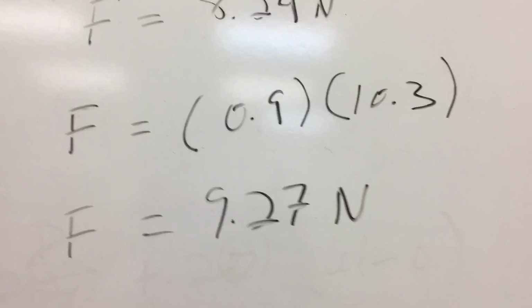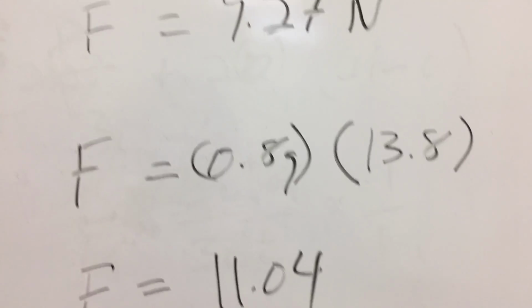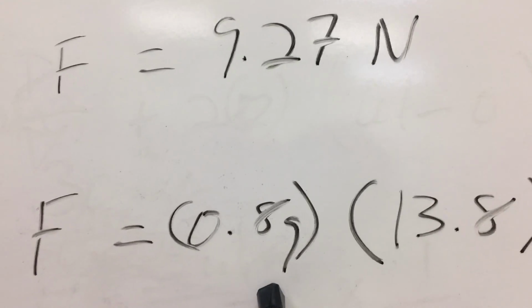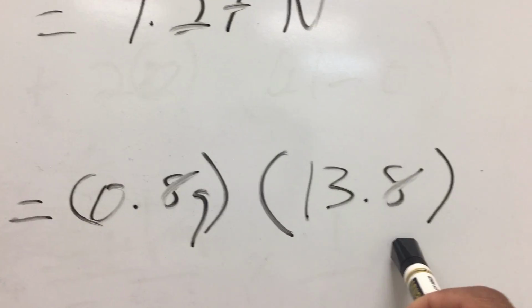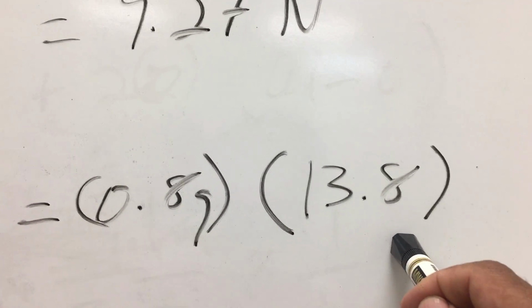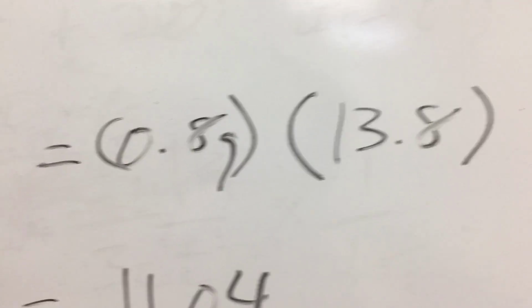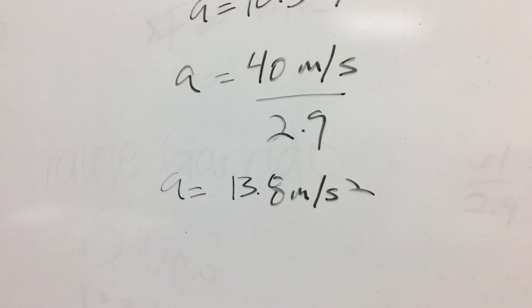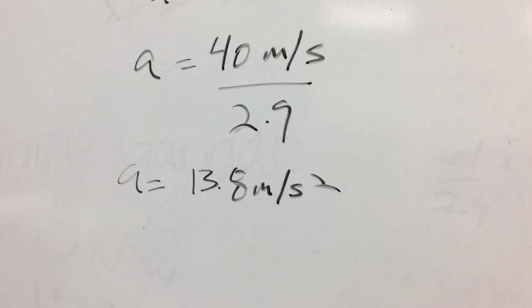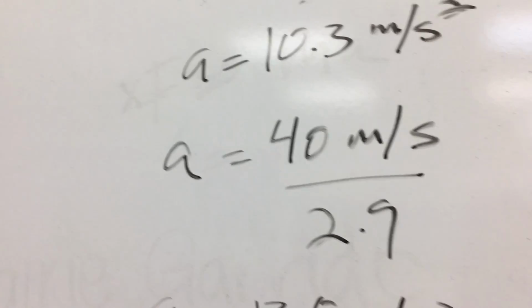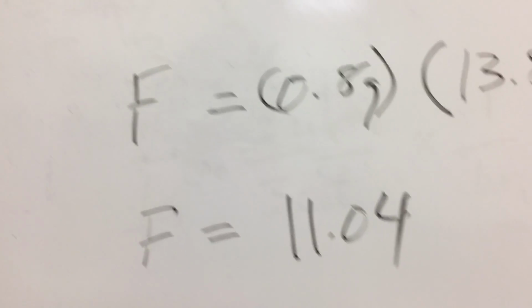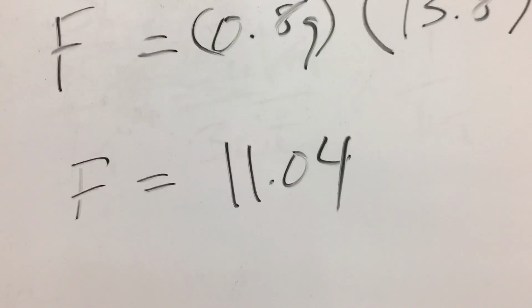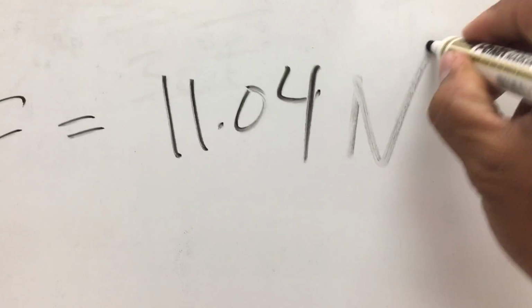All right, and then finally we have the same weight of the bat, but this time we're going to accelerate it through the batting zone at 13.8 meters per second squared, as you can see there. That's why I had the faster bat speed up here for faster acceleration. The force here is 11.04 newtons.